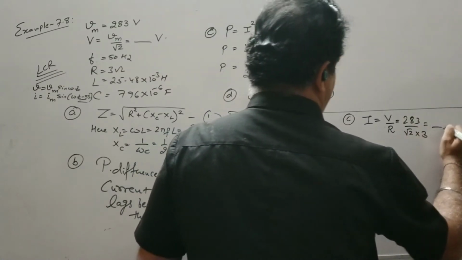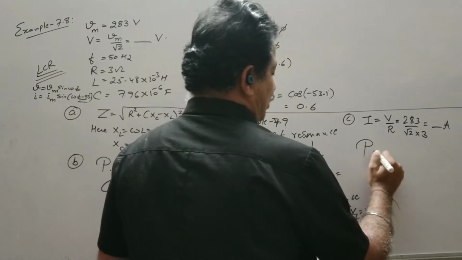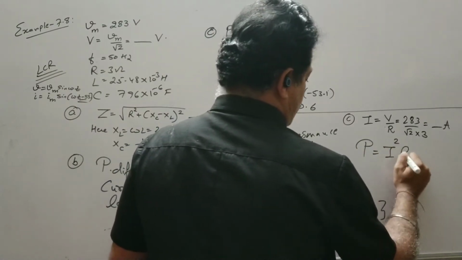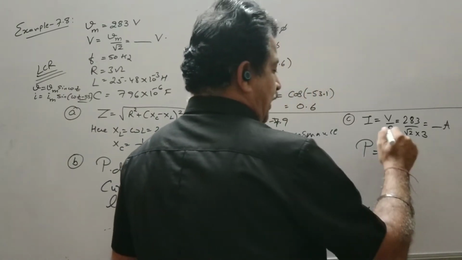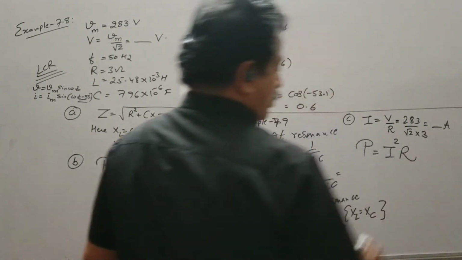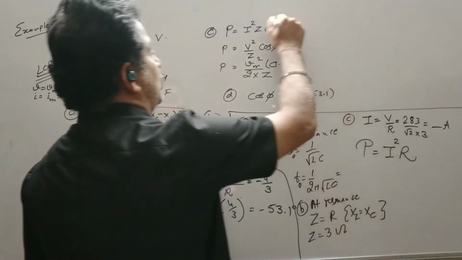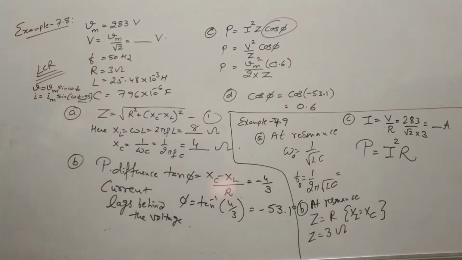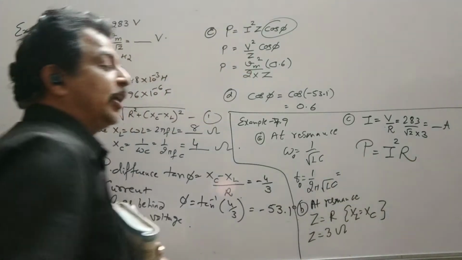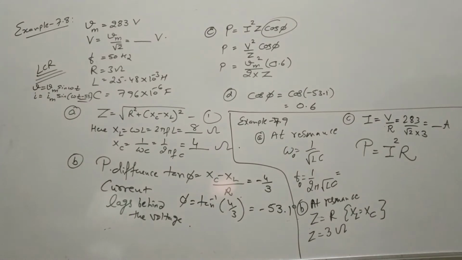So whatever current in ampere, and we have to find out the power dissipated. Now I can use the formula I square R cos phi, and where is this cos phi? We know that at resonance the power factor becomes 1. So it is similar to the circuit containing only resistance, and the power is dissipated across R only.